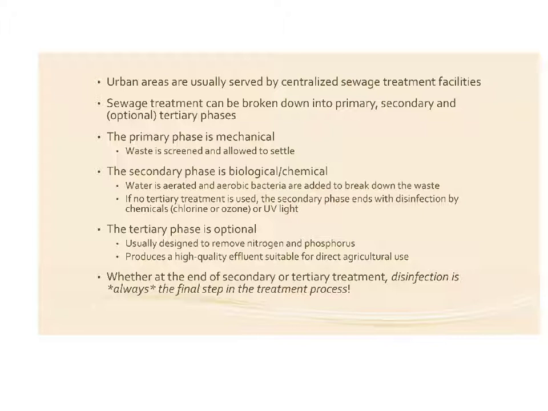When that process is done, there's another settling process, and the dead bacteria are siphoned off, and the water is then siphoned off of the tank and then treated chemically or with UV light for disinfection. If there's no tertiary treatment, the secondary phase ends with chemical disinfection using chlorine or ozone, or a dousing with ultraviolet light, which kills pathogens, and then the treated wastewater is returned to a body of water.